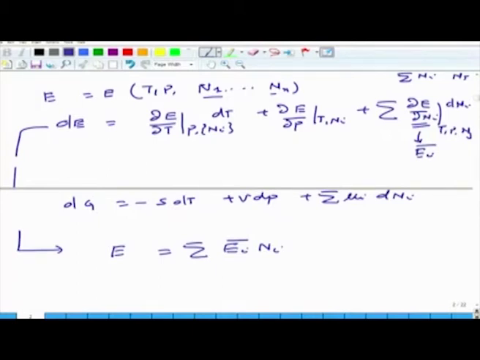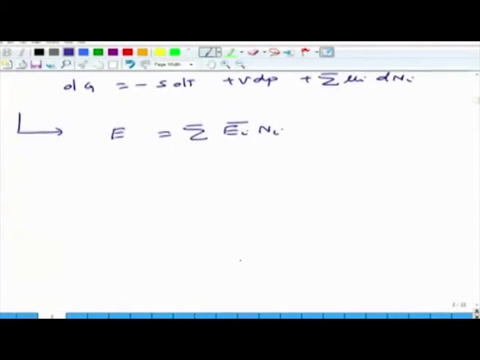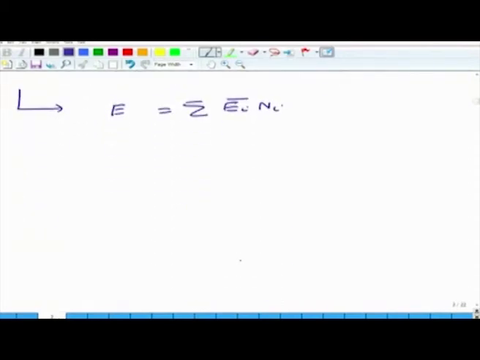The reason you get this is that E is a function of T, P, n1 to nN, so it is a homogeneous function of only the n variables. This is something you must have done in your earlier courses also.